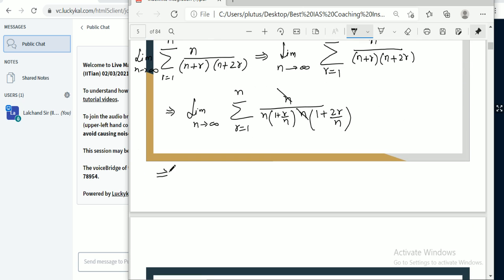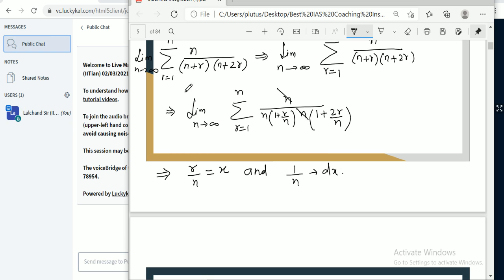What is our substitution criteria? r by n is equal to x and 1 by n is equivalent to dx, and the limit is 0 to 1.